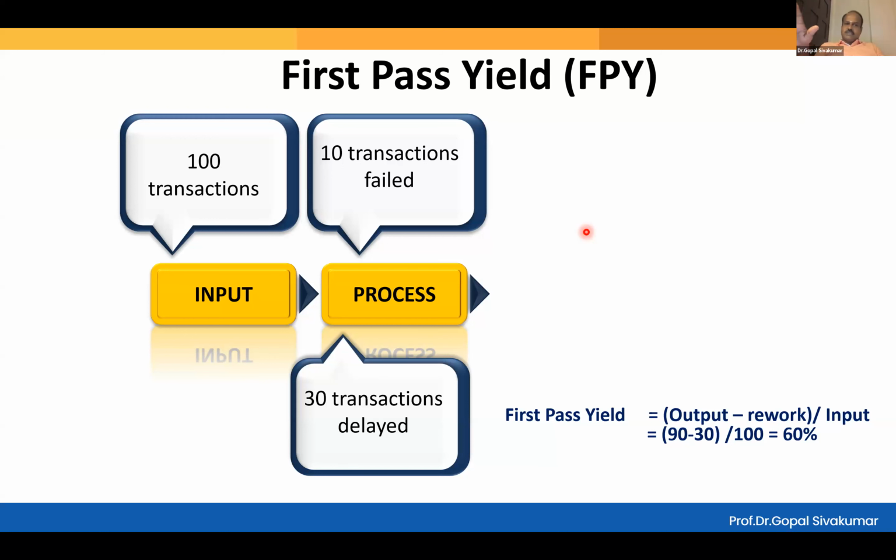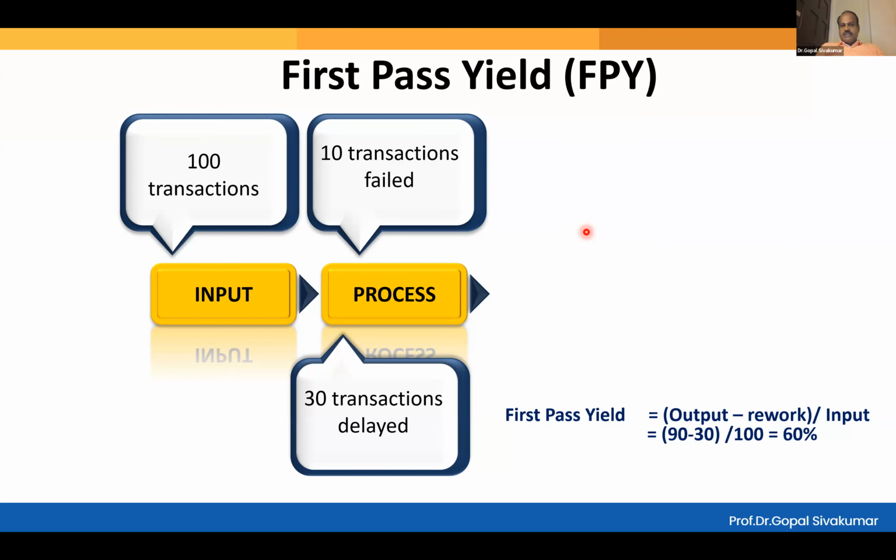So we need to understand the difference between the traditional yield and the first pass yield. For the same scenario, the traditional yield is 90%, but the first pass yield is 60%. If you understand it properly, you will also be able to understand the opportunity for improvement that exists. Otherwise, you might think that everything is going well by seeing the 90%.